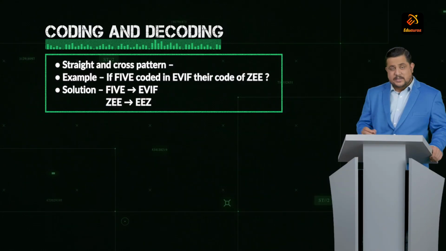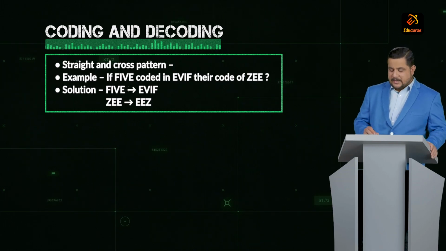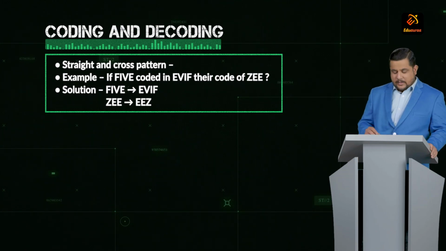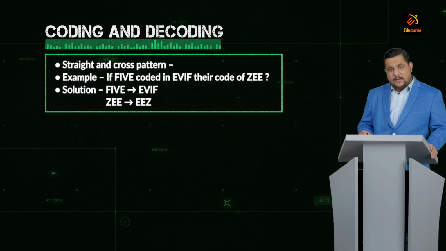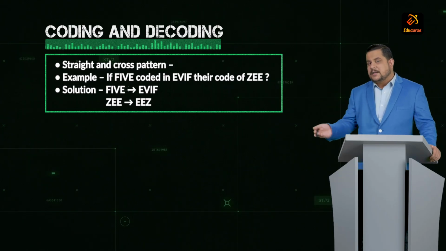Now from Z, we will just change the position. So what was given to us? Z, E, E, Z. So now we will code it as Z, E, E, Z. Left to right, it was written from left to right. Now we will write it from right to left. Right to left doesn't mean that you have to start from the right side.